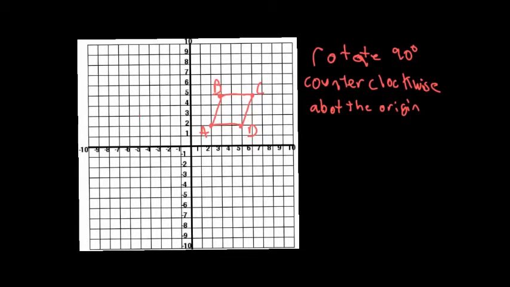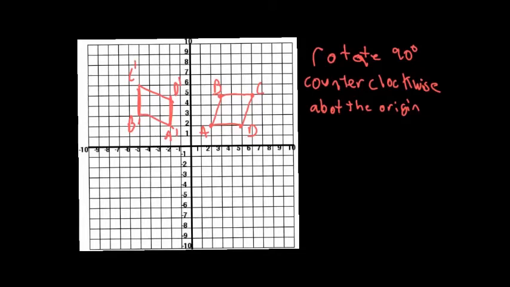Alright, so let's draw that. Then we put in our prime symbols, A prime, B prime, C prime, and D prime.